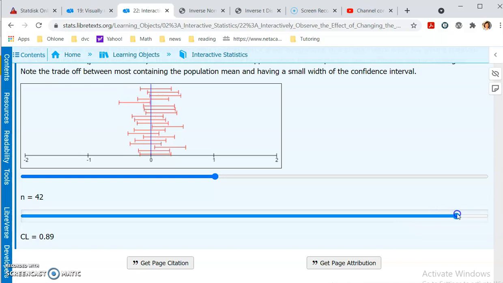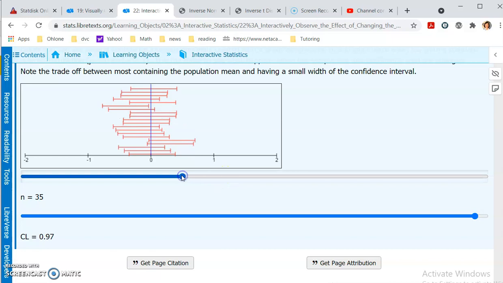So let's at least have 90 and 94, right? If I change it to 99, you see how it is wider, right? Really wide if it is 99. And if I fix at 95% or whatever, and then I make my sample size smaller, the intervals will be much wider. But if I increase my sample size, the confidence interval lower and upper is smaller. This 0 is where your population mean is.